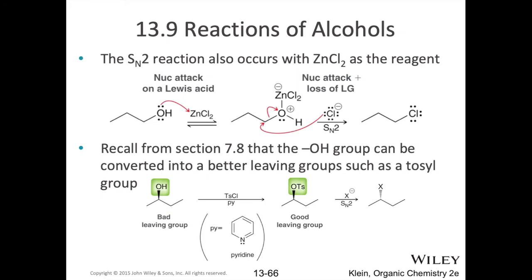Instead, here we're using a tosylate, but the mechanism by which we make that tosylate is very similar, right? We use pyridine, and we get a precipitate of pyridinium chloride, and we get the hydrogen swapped out for our tosyl group. Okay, so now we have a tosylate, and this is a great leaving group. So we can do our SN2 mechanism here. Our nucleophile comes in, kicks off that leaving group, and makes the product we want.